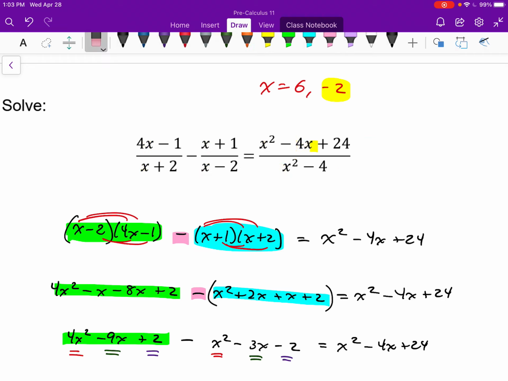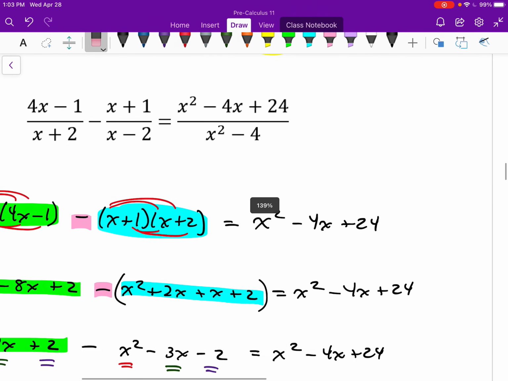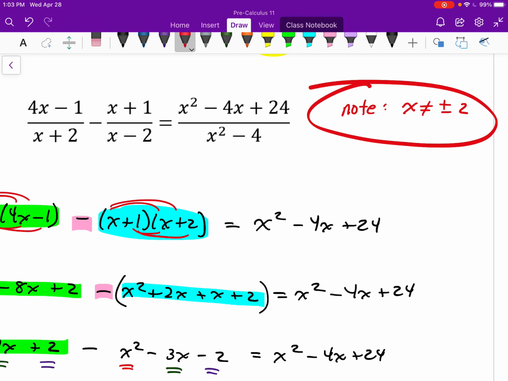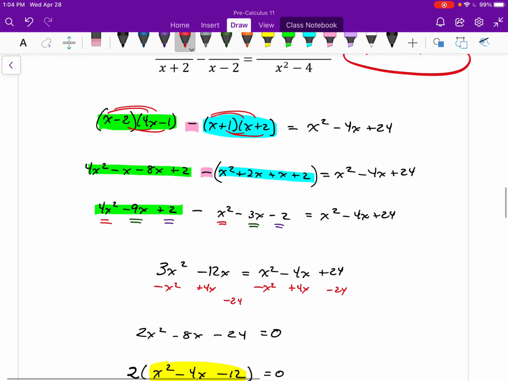And so the point of this question is that really, as soon as you're solving something like this, before you do anything, I would recommend you make a little note to yourself of what the restrictions are. In this case, I can see x cannot equal plus or minus 2. And so make a note to yourself, and then do all the work.